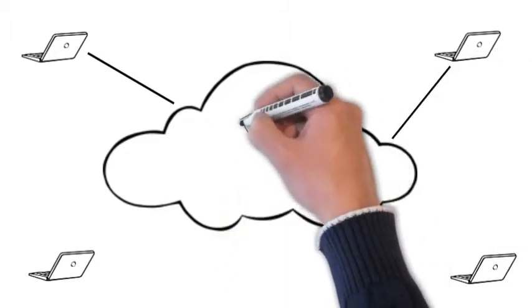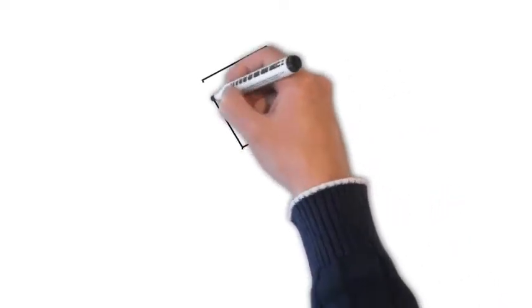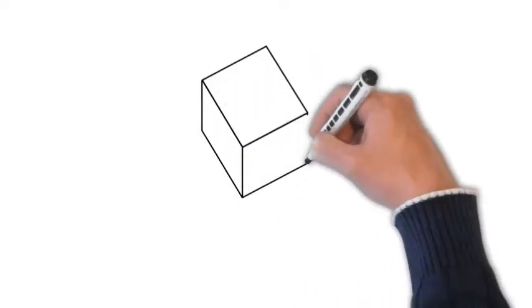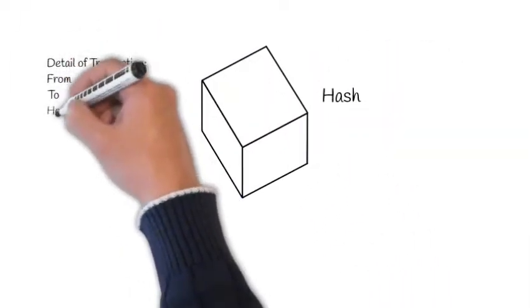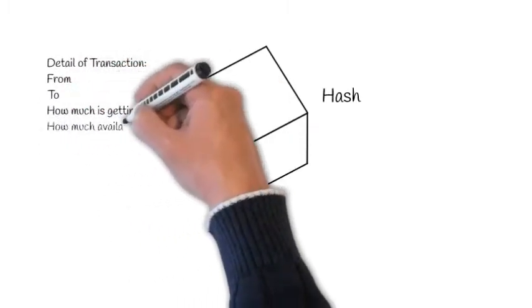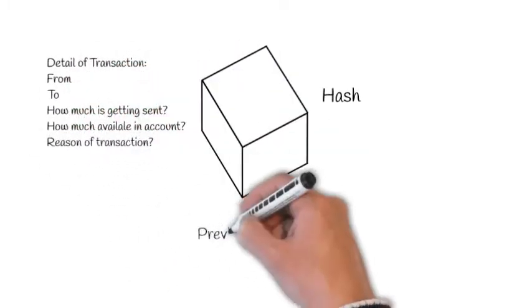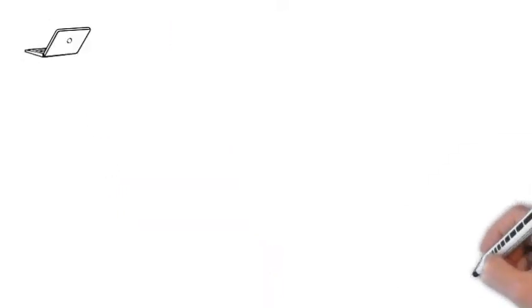So inside the network, we have something called a block ledger. A block is basically a transaction, which has details about what kind of transaction it is and who it is for, and has two other things called hash and previous hash. Hash is basically an identifier, and previous hash links it to the previous transaction.